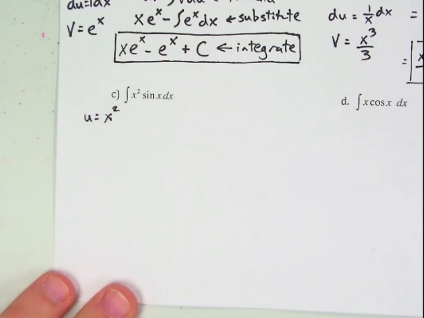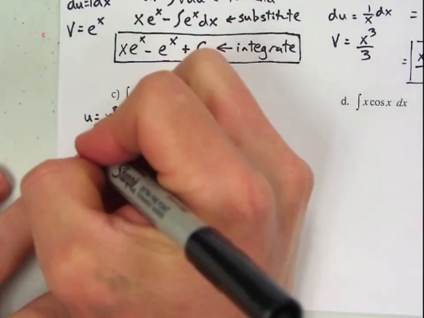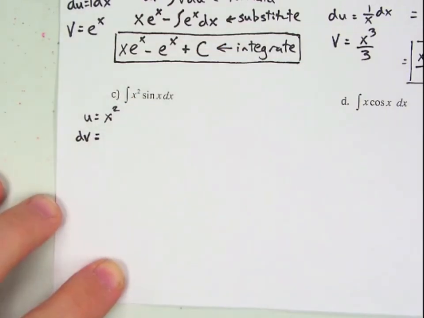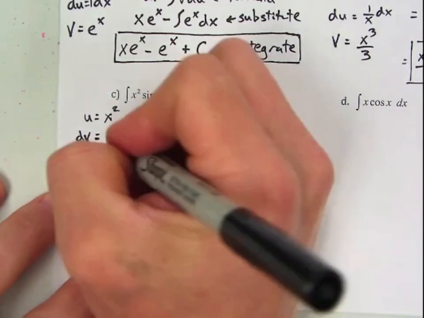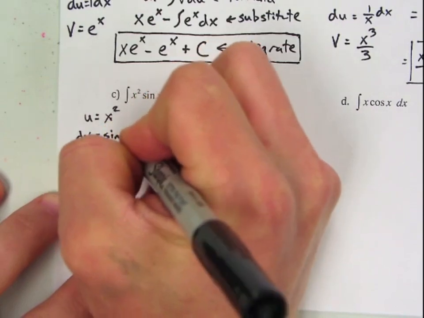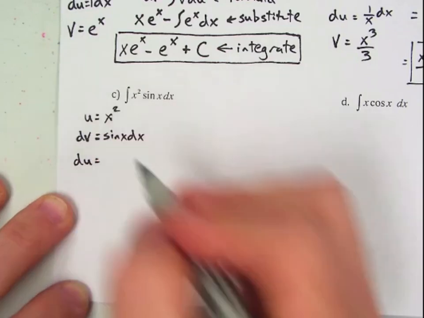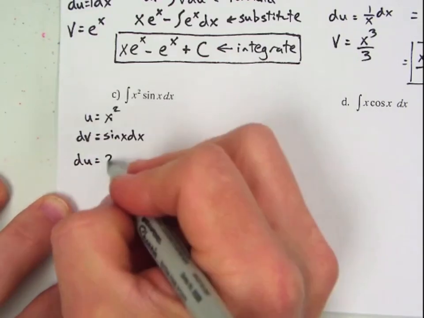And that would make dv sine x dx. Now we find du, which is 2x dx.